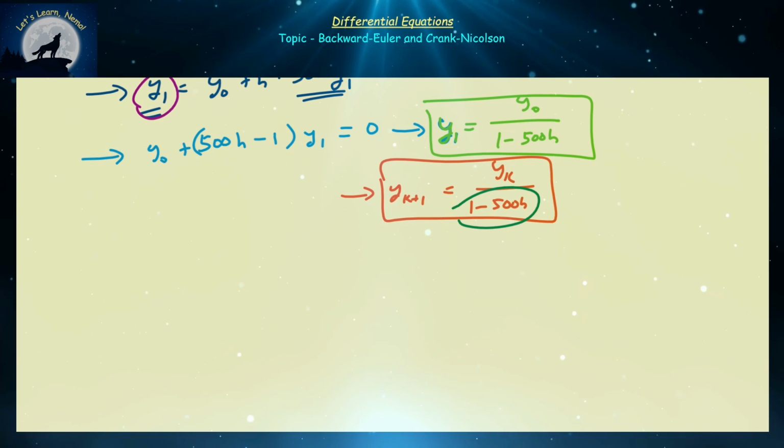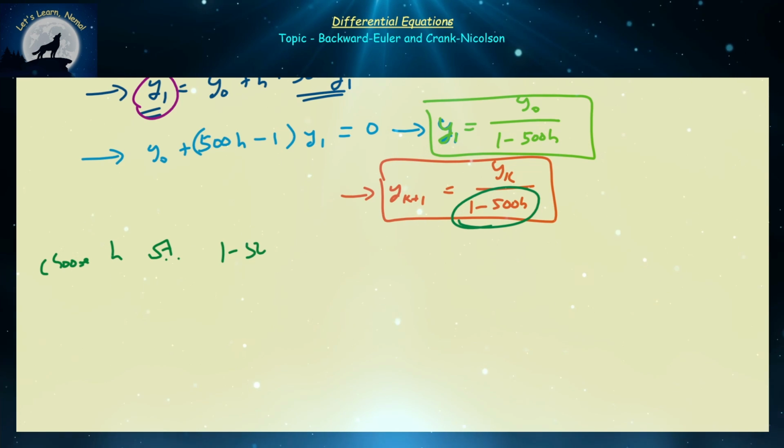Now notice it's possible for this to be negative, and just by understanding our particular differential equation, we should have exponential growth. So we should not have any decreases or negatives in our value since our initial condition starts as positive. So what we want is to choose an h such that 1 minus 500h will be a positive number. So how am I going to do that?